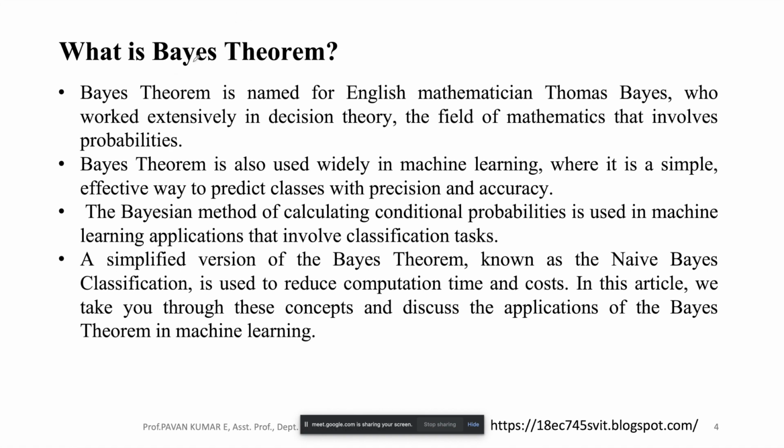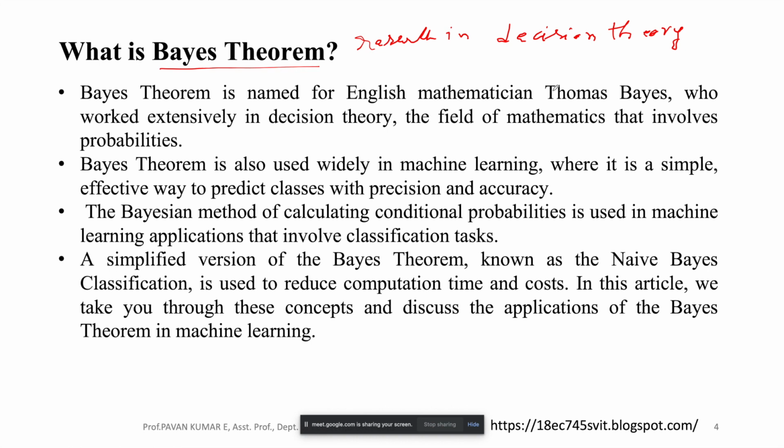Bayes theorem started with the English mathematician Thomas Bayes. He did some research in decision theory, which is one of the fields we use in research, and that too in machine learning.